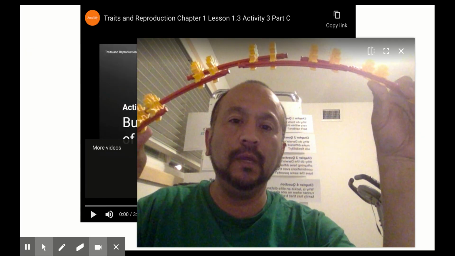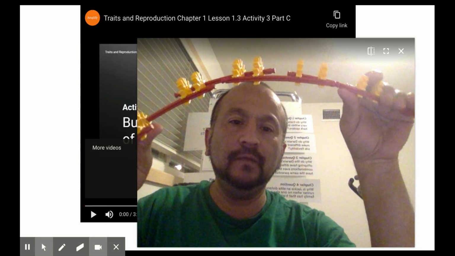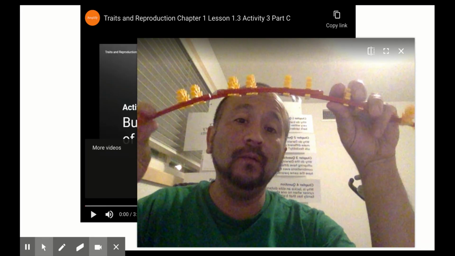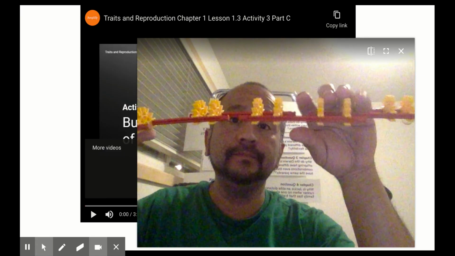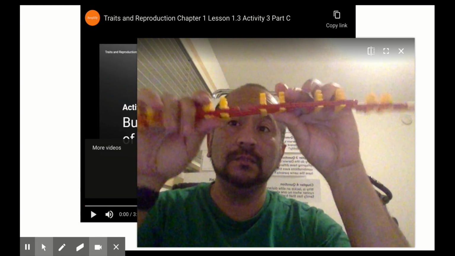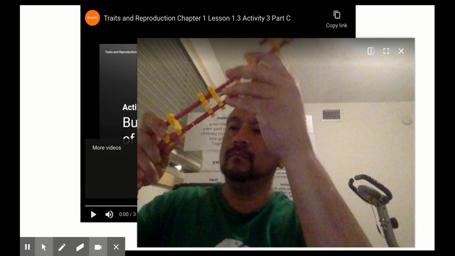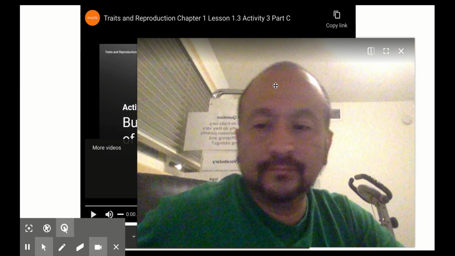I think this would break, but this probably has the least amount of flexibility. Okay, the one that just broke off, that one has the most amount of flexibility. And this one's just a lot more rigid. Okay. It wasn't supposed to break, but it did.